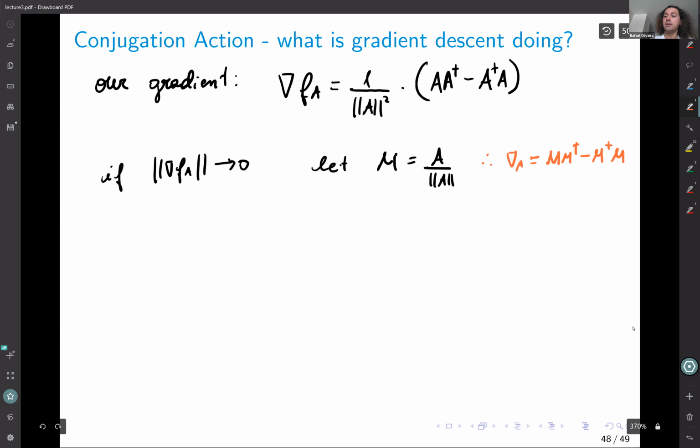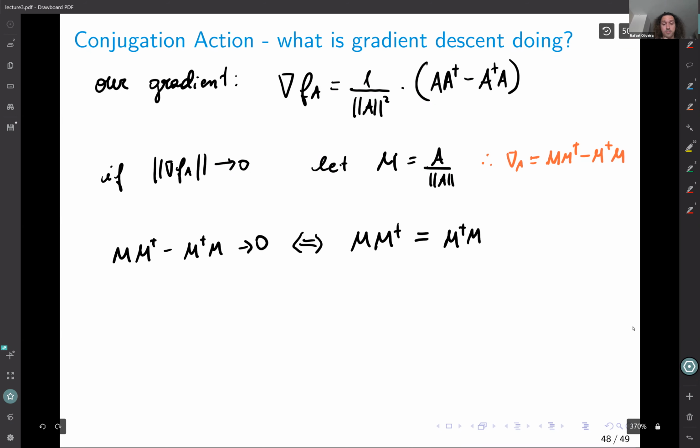The only way that the gradient can go to 0 is if M M dagger minus M dagger M is equal to 0, or tends to 0. That is equivalent to saying that M M dagger is converging to M dagger M, they are becoming equal.